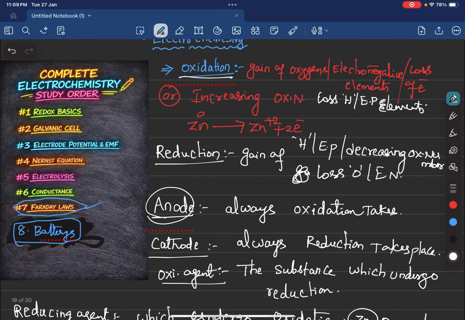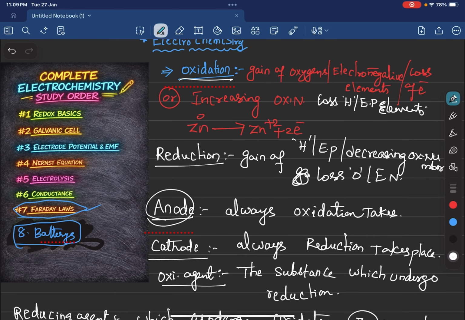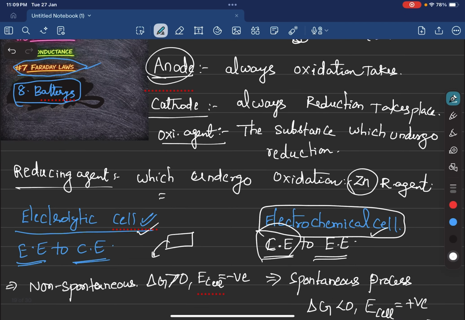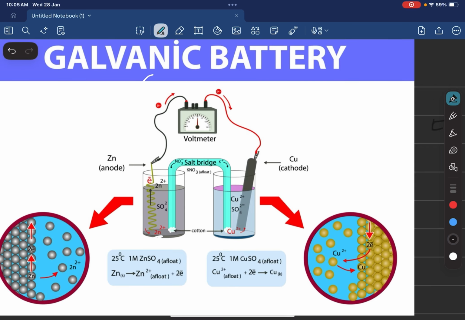Just now I told you the basic terminology frequently used in electrochemistry, like oxidation, reduction, cathode, anode, oxidizing and reducing agent. Then we discussed the types of cells in electrochemistry. This is the galvanic cell, students. In this there are two half chambers: this is the anodic half chamber and this is the cathodic half chamber.